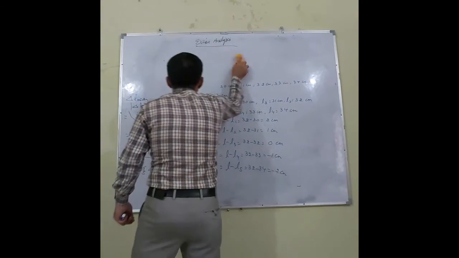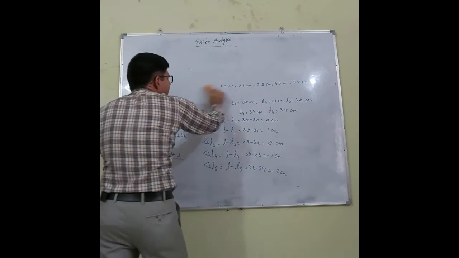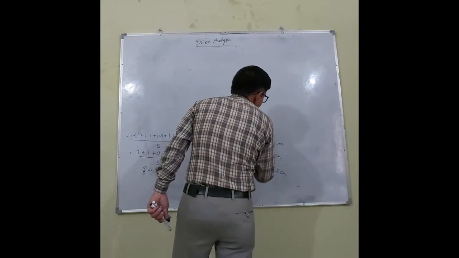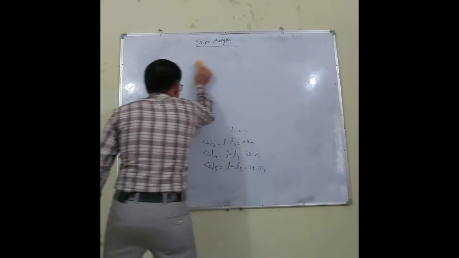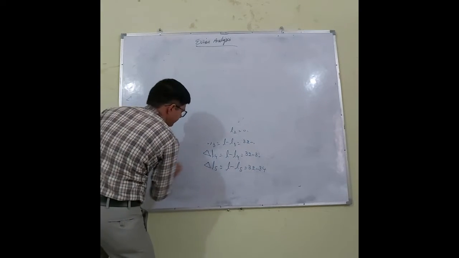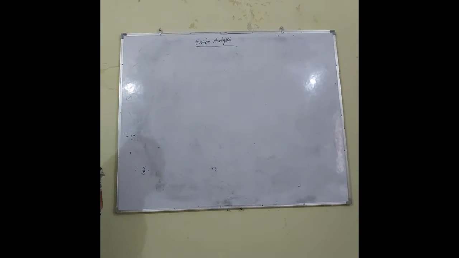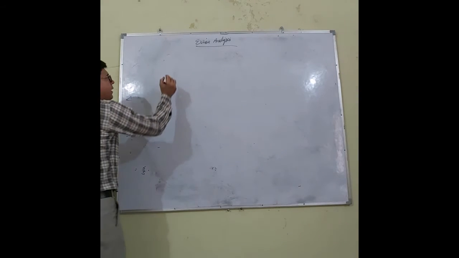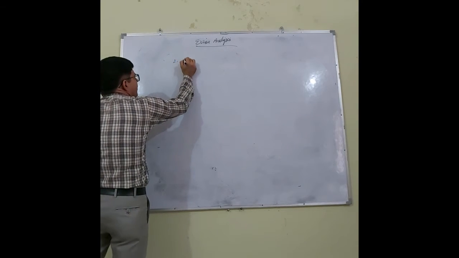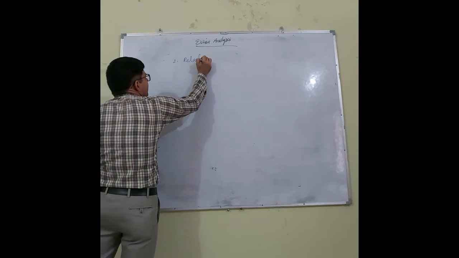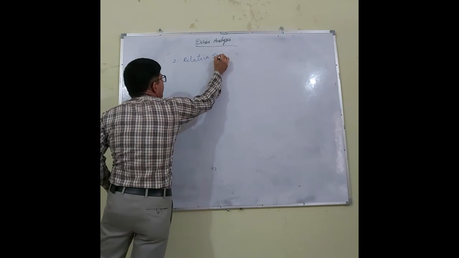Now after absolute error, the second type of error is relative error. What is relative error?